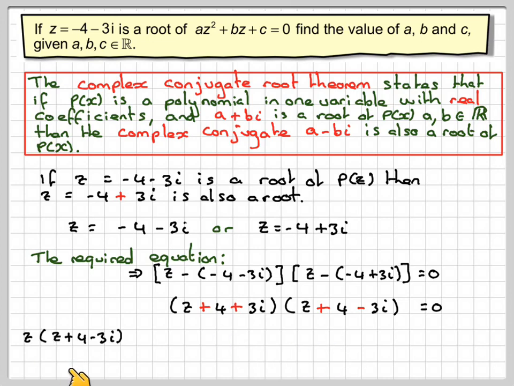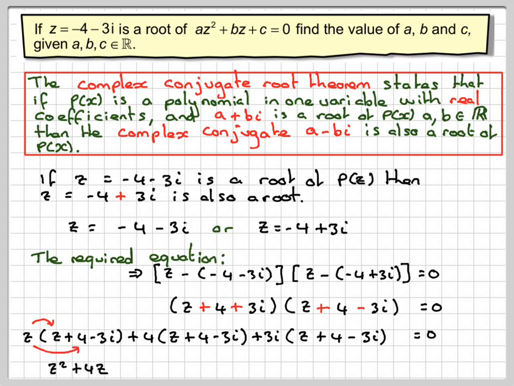So we do z times z plus 4 minus 3i, plus 4 times z plus 4 minus 3i, plus 3i times z plus 4 minus 3i is equal to 0. Be careful how you write that down. Expanding, z times z is z squared, z times 4 is 4z, and minus 3i times z gives me minus 3zi.